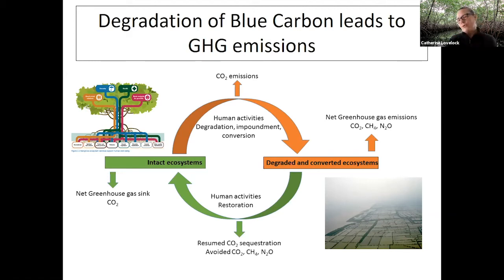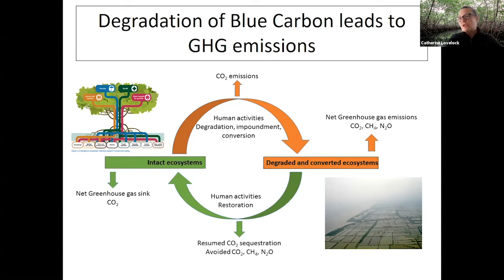And that alternative land use often emits a whole lot of greenhouse gases. In North Queensland, we've had mangroves turn into sugarcane. Sugarcane is fertilised by nitrogen, so it has high nitrous oxide emissions. If it's been impounded for rice, which is the case over much of Southeast Asia, it'll have very high methane emissions. And aquaculture also has some methane and nitrous oxide emissions if fish are fed.